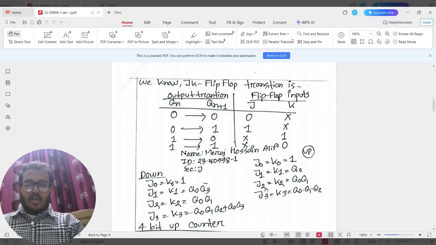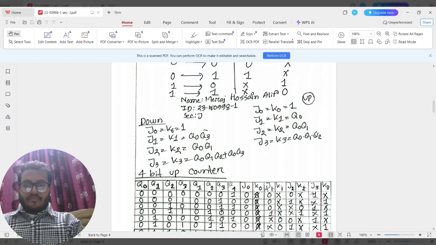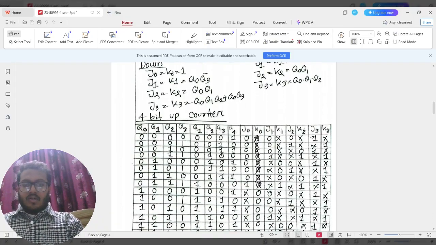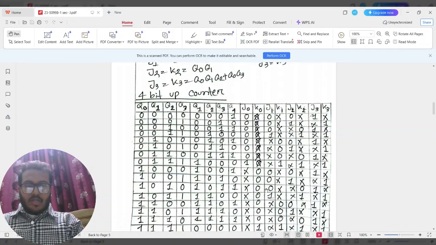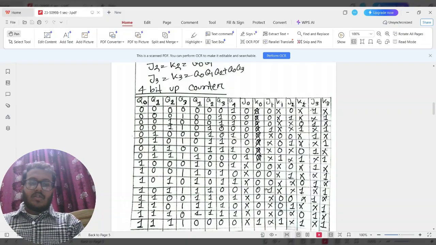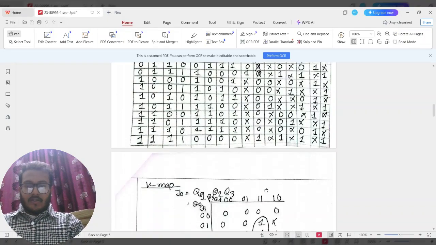So I use the JK flip-flop transition table. First, I use a 4-bit up counter and also count J0, K0, J1, K1, J2, K2, and J3, and also K3.